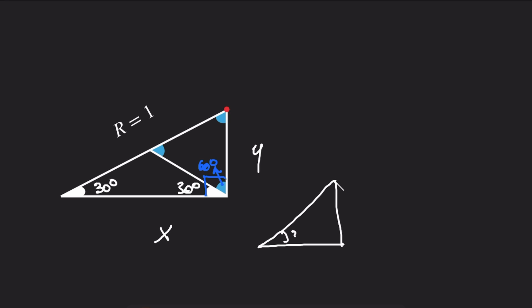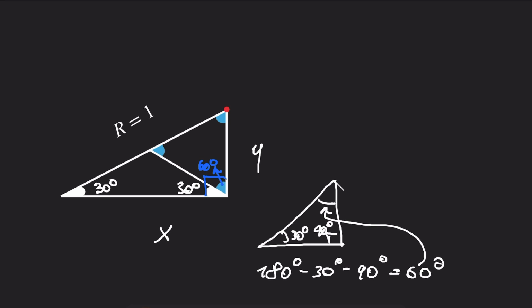It was 30 degrees here and 90 degrees here. And I can find this angle here as well, by subtracting 30 and 90 from 180. So 180 degrees minus 30 degrees minus 90 degrees is equal to 60 degrees, which is the value of this angle.